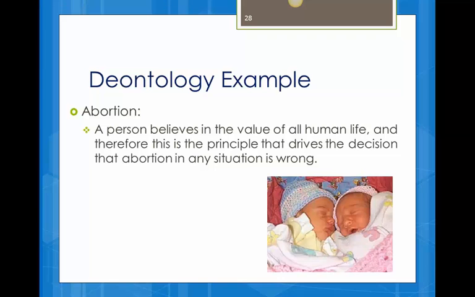The follower would have the baby regardless of the situation because they believe that the principle of aborting a baby is wrong, even if the mother was raped, the baby had a known genetic disorder in which the baby would not live outside in the normal world, or the mother had a considerable health risk, and having the baby would put her at severe risk of death. It wouldn't matter. The deontologist still believes in the value of human life.